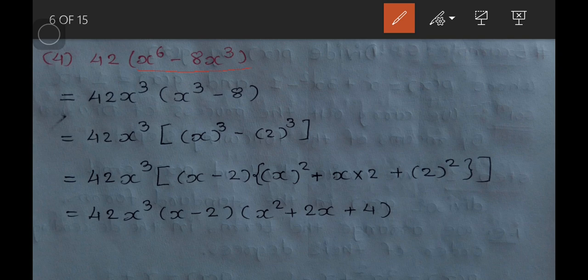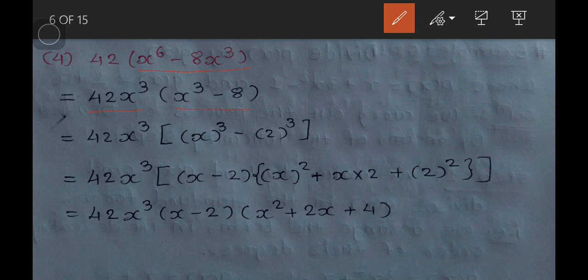You can see that x cube is a common factor in both the terms. So we extract 42 into x cube from both the terms. Then the remaining term in the bracket is x cube minus 8.